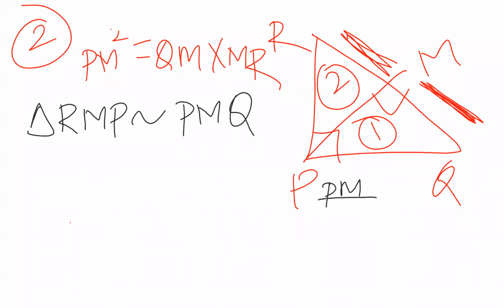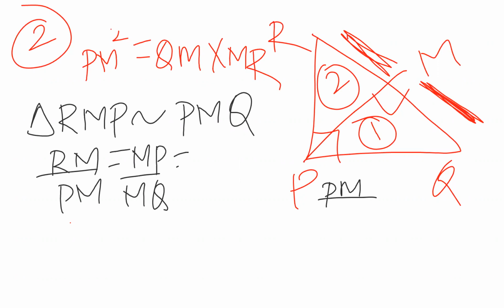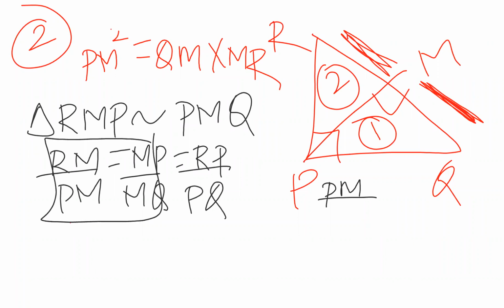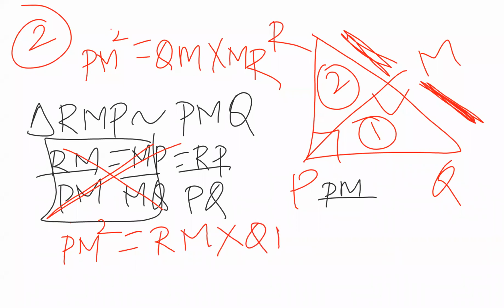Both are similar. The positioning of M is okay, and the position of P is okay. Fine. So RM by PM is equal to MP by MQ, equal to RP by PQ. Considering these two, after cross multiplication, PM will become PM square, and this will become RM into QM. Correct? True.